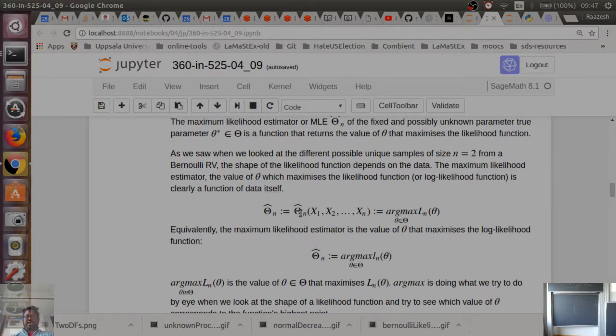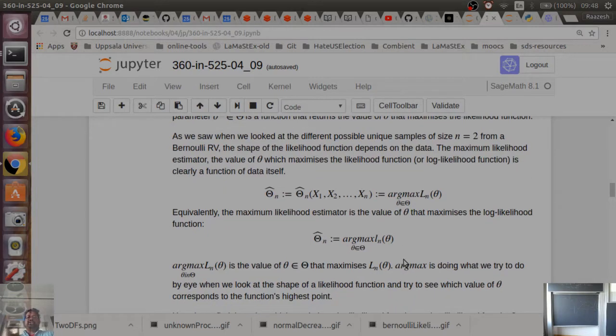Theta hat is actually a function of these random variables, the n observations. It's defined as the argmax, which means the argument that maximizes this likelihood function. The argument ranges over bold theta, little theta.